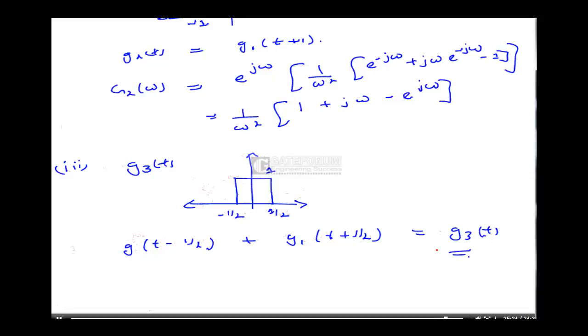Now in this we just need to write the Fourier transform of each, and add these two expressions to get g3 of t. Okay, so this is the way of solving the problem. See, g of t minus 1 by 2 will be something like this, plus g1 of t plus 1 by 2 is something like this.